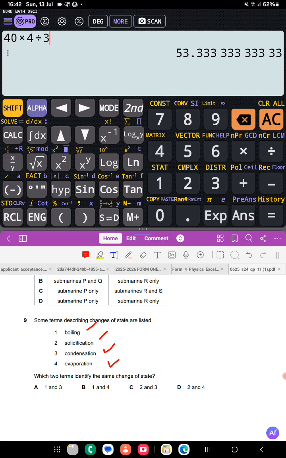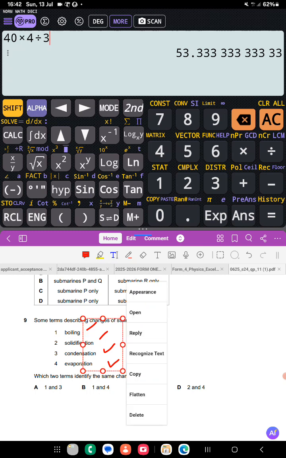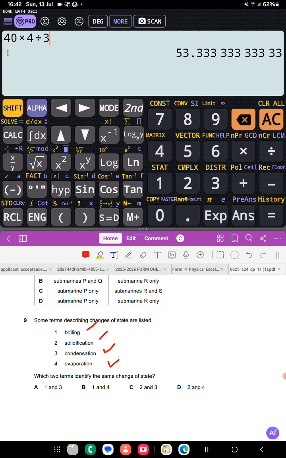Okay. Boiling is changing from liquid to vapor. Solidifying is changing from liquid to solid. Condensation is changing from gas to liquid.